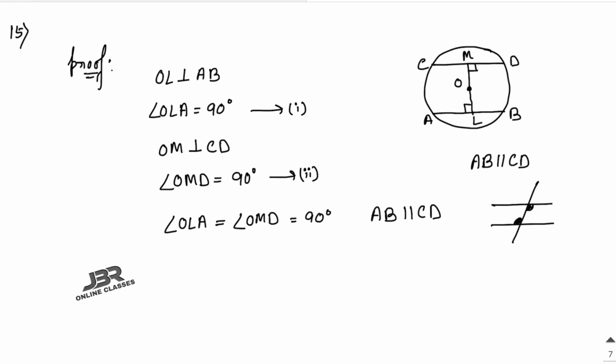It's called alternate angles. So as these two angles are equal, definitely CD and AB are the parallel lines, and LM is the transversal.